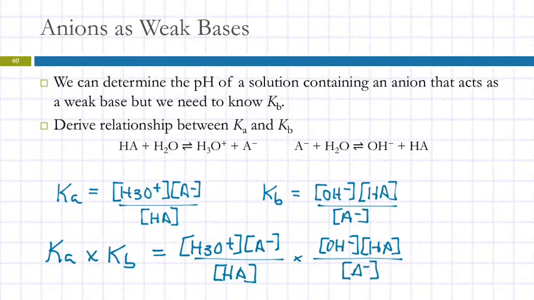So that's a mess. But there's some things that we can cancel out. So A minus occurs in the numerator and in the denominator. HA occurs in the numerator and the denominator. What are we left with?